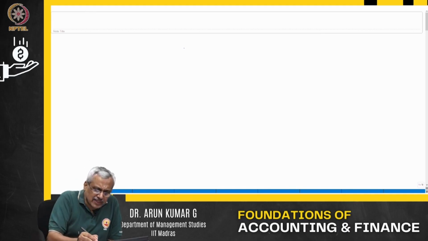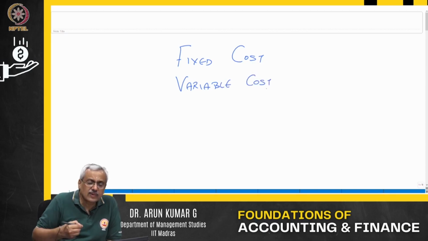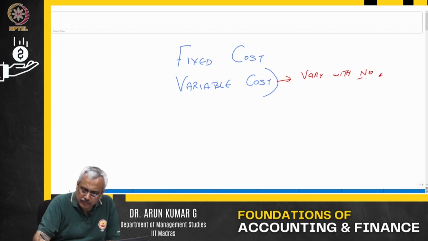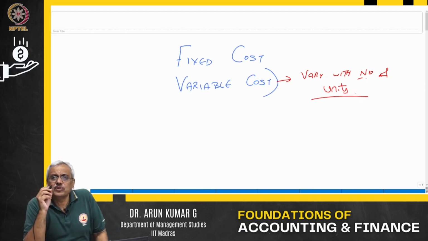We all know that there is going to be a fixed cost, and there is going to be a variable cost. Variable cost is the cost which is going to vary with the number of units you manufacture.